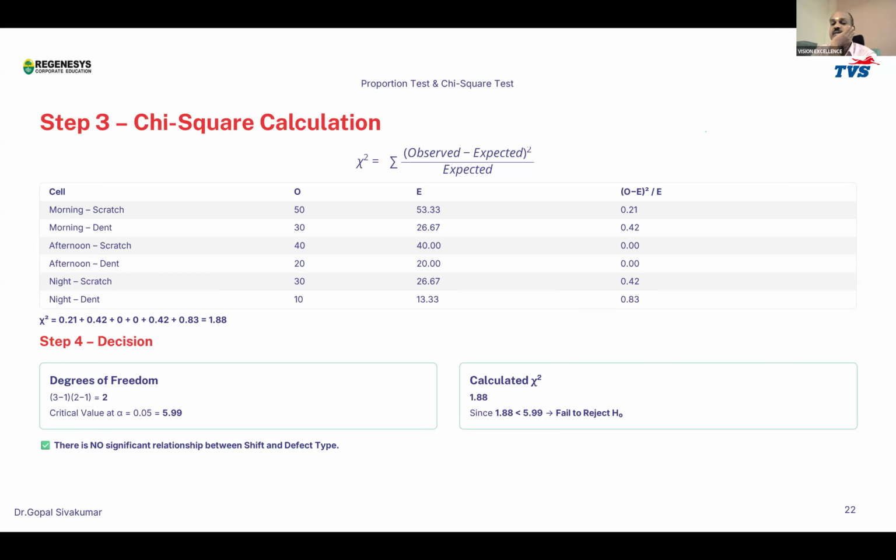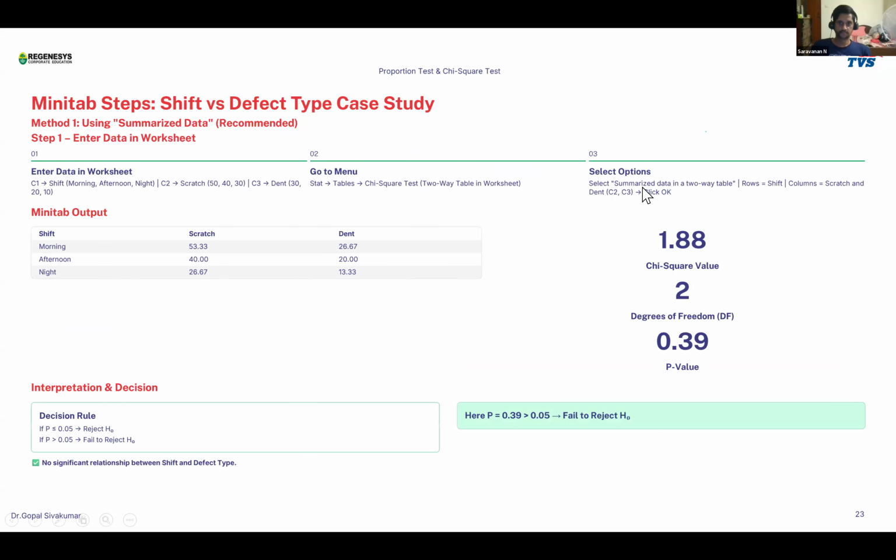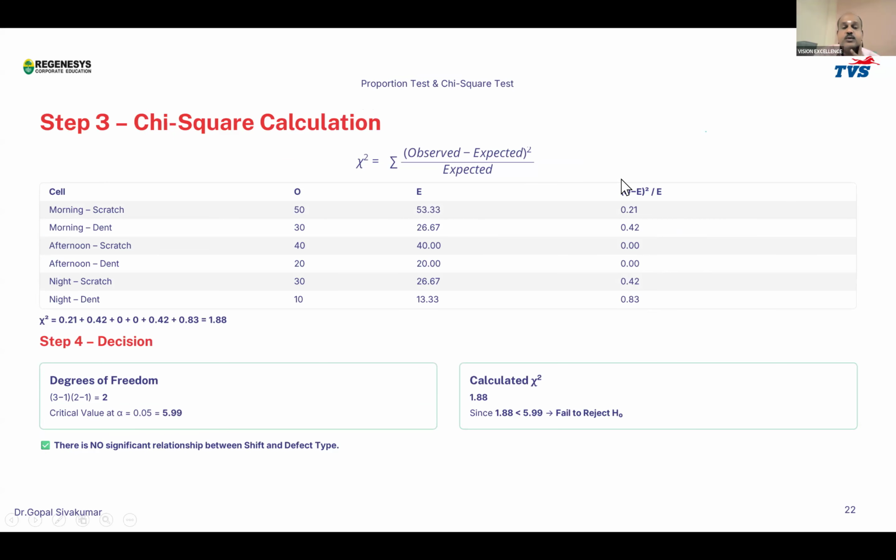Very good. It is rounded as 0.21, nothing wrong in it. Yes, 0.21. In that manner, we can calculate the chi-square value for every row in the table.